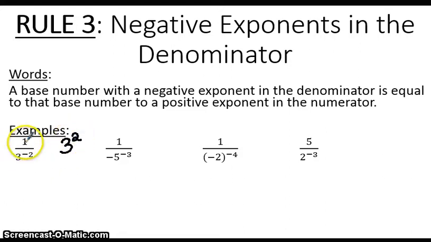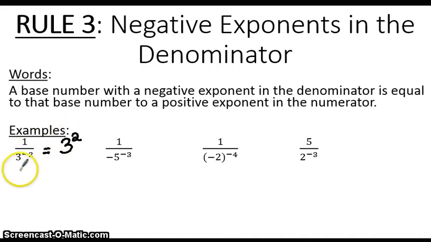Since there was a 1 in the numerator, we do not need to put that there because 1 times any number is itself. So we get 3 squared. 1 over 3 to the negative 2 power is the same as 3 squared.